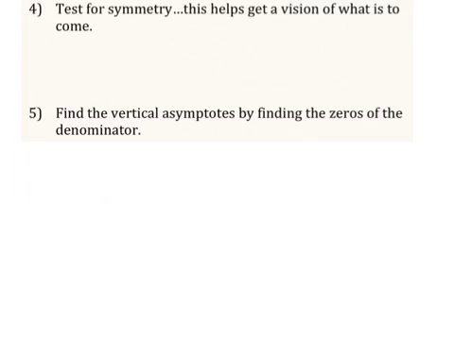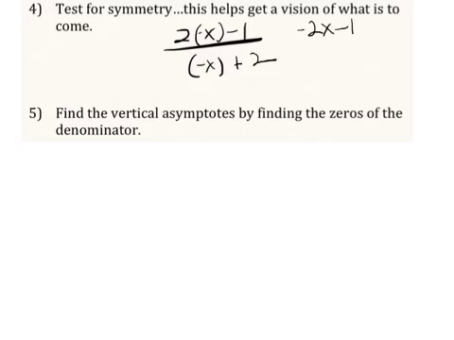So we want to test for symmetry. We got 2 times negative x minus 1 over negative x plus 2. So we end up with negative 2x minus 1 over negative x plus 2.